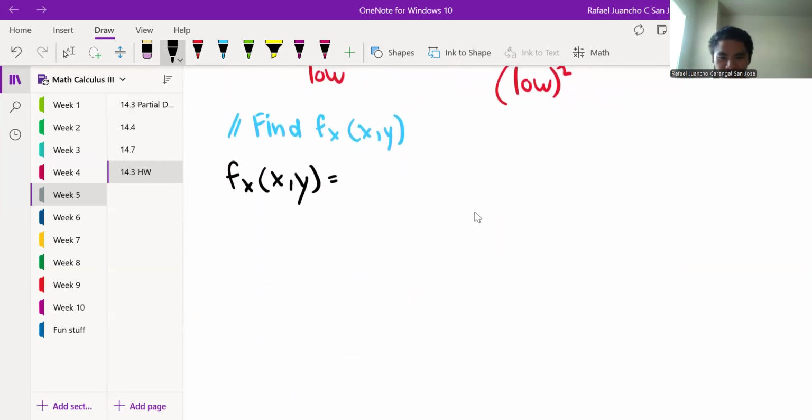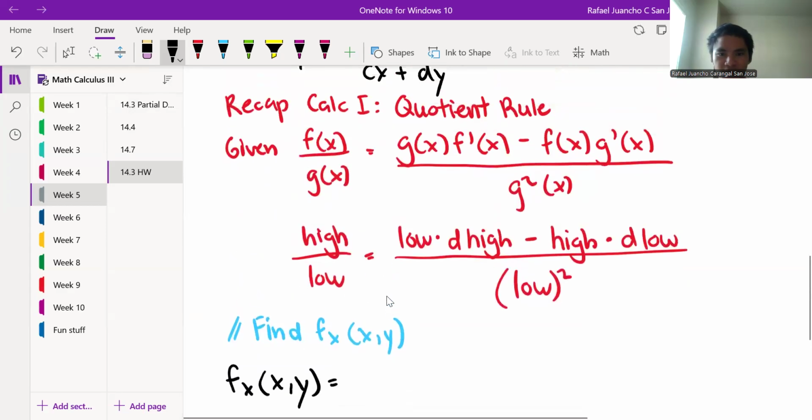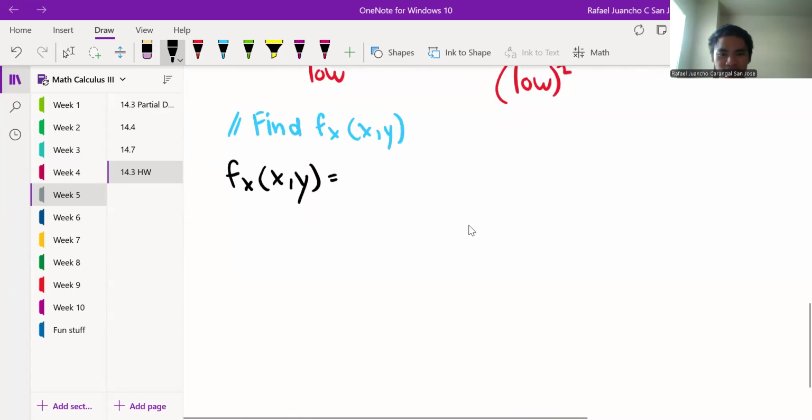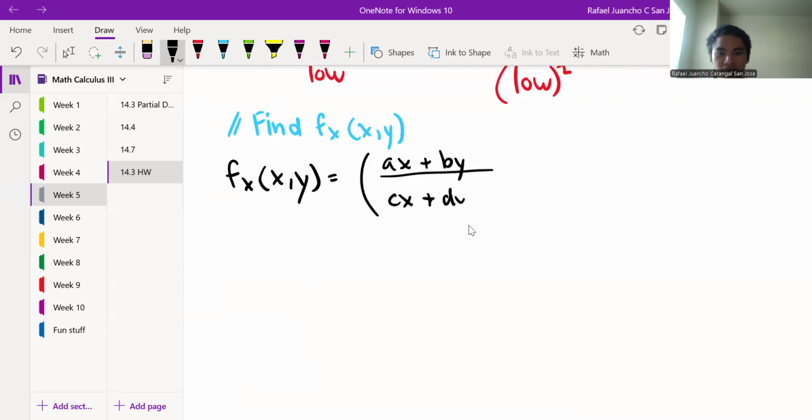Okay, let's do it in this case. All right, so we have this thing, but now we have it in two variables. We're taking the derivative of this thing, cx dy.